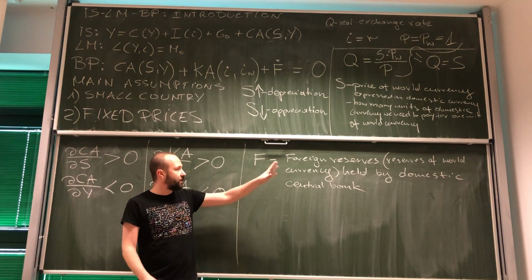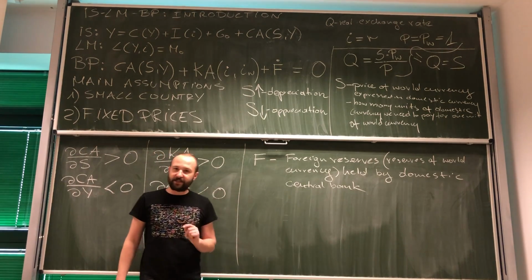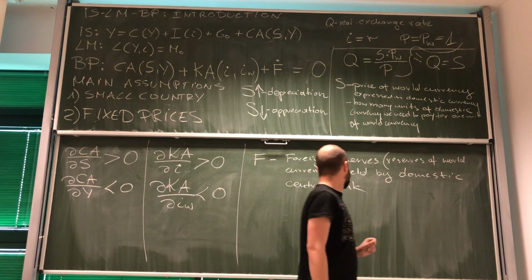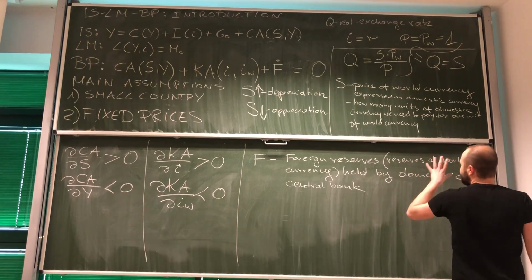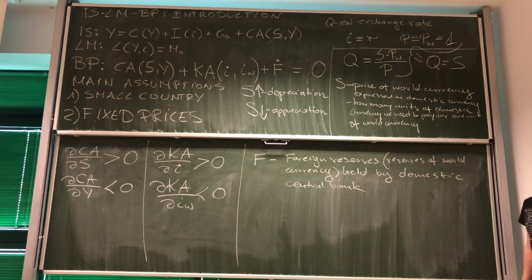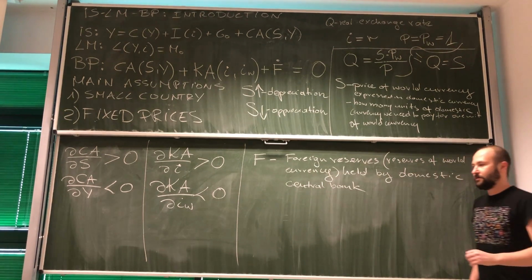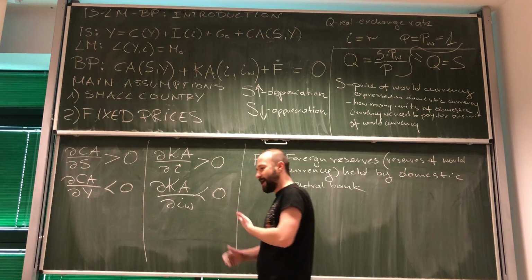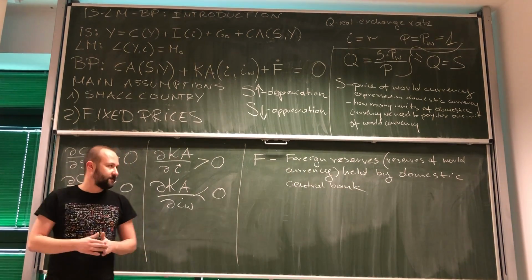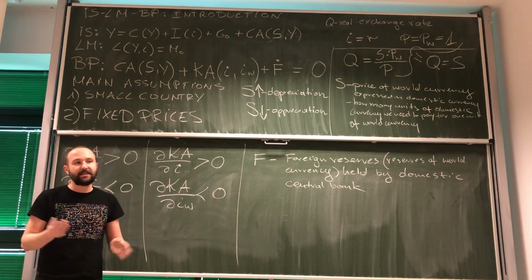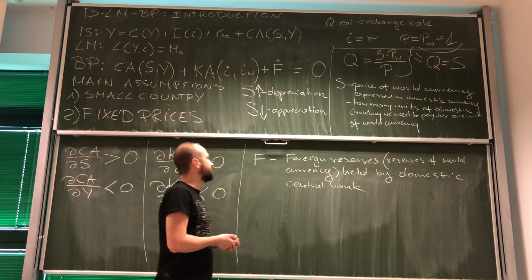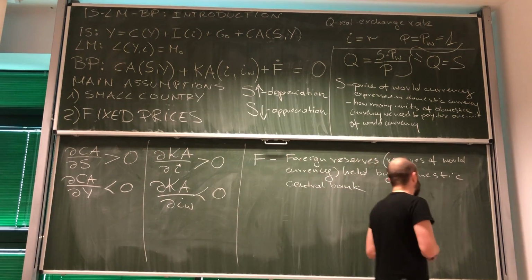And the same with foreign currency. But look, there is a trap with this. Foreign reserves are not infinite. At some point, the central bank may run out of foreign reserves, and in this case, intervention is no longer possible.